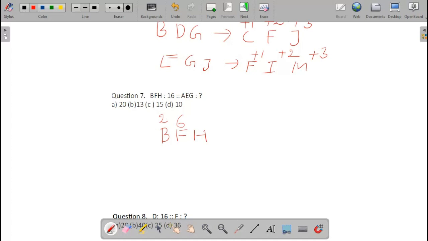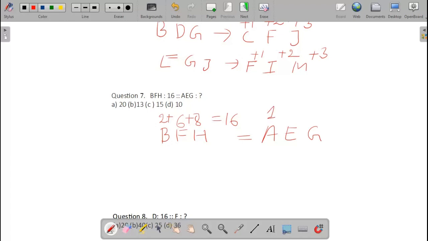What is the alphabetical position of H? 8. 2 plus 6 plus 8 is equal to 16. Now what is the alphabetical position of A, E, G?